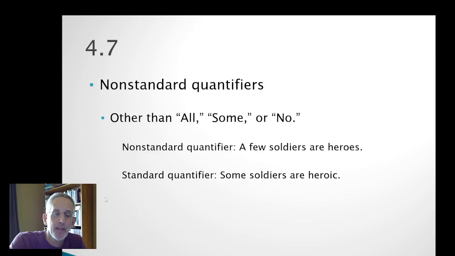It doesn't have to be perfect in the translation, other than that it matches the standard form and conveys the essence of the original proposition. In this case, I've changed heroes to heroic. Those are different words, but it's in standard form, and it conveys the essential meaning of the original proposition, a few soldiers are heroes.